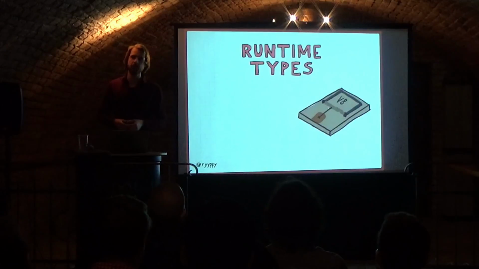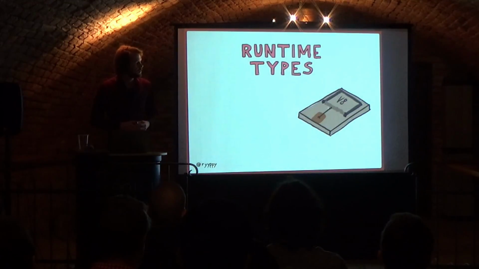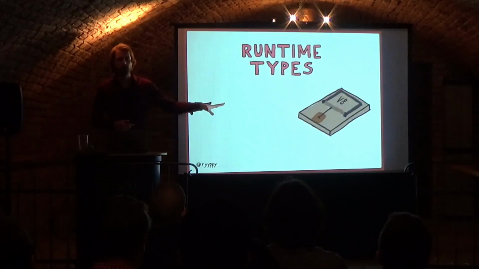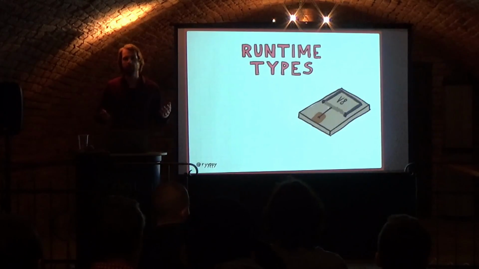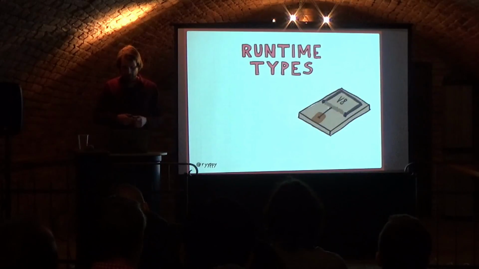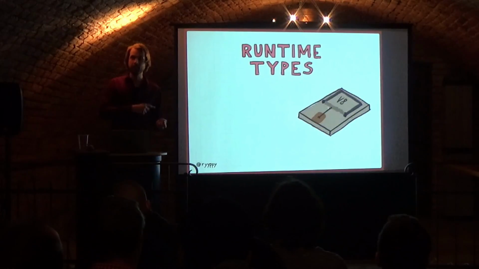It's the V8 engine from the Google Chrome browser. And you probably noticed this looks like a mousetrap, right? So I think a runtime type system is kind of cool because you can run your code whenever you want without anyone complaining. But it can bite you, it can hit you very hard if you are not very cautious.